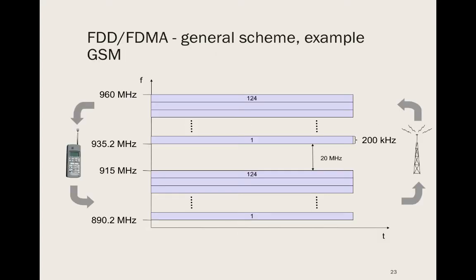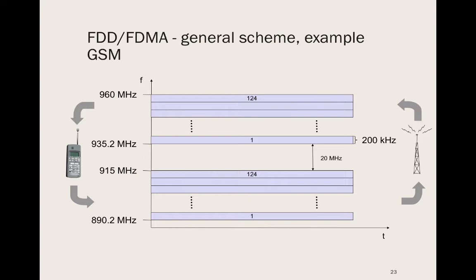In this picture you can see an example of FDMA, where we divide the frequencies between the senders. While FDMA divides the frequency band and assigns the subbands to the users, FDD, or frequency division duplexing, is responsible for uplink and downlink frequency assignment.